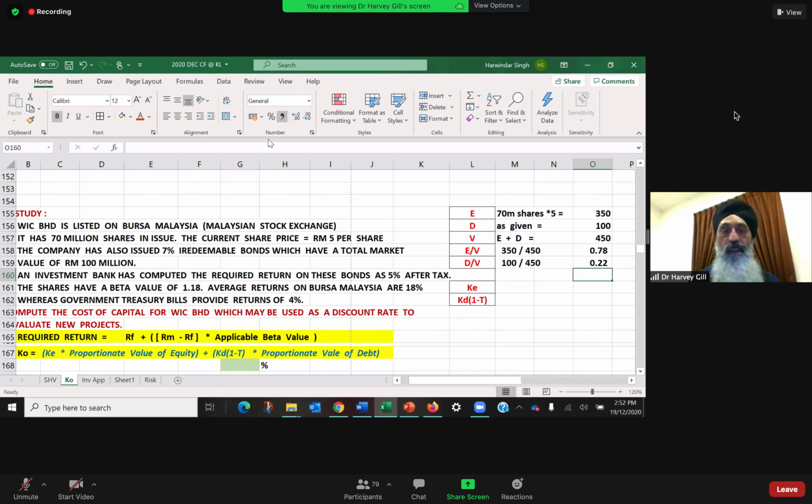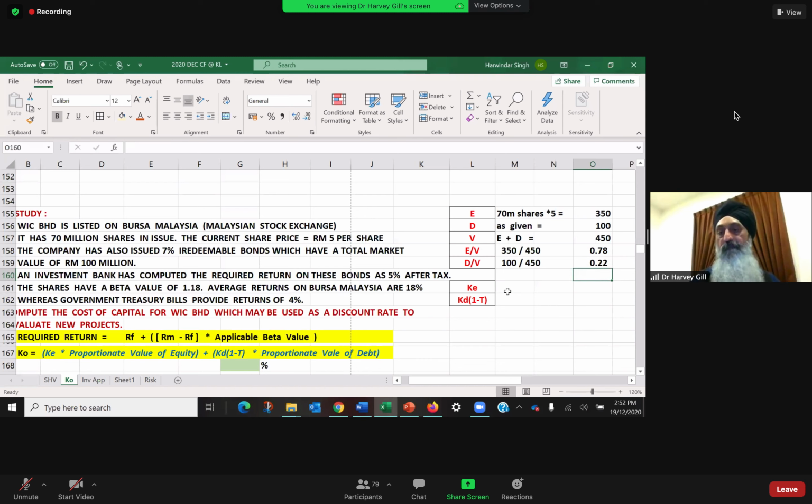There you go. So now KE, for KE, I have to substitute in the CAPM formula. The beta value of the shares is 1.18. The market returns are 18. The risk-free returns are 4.